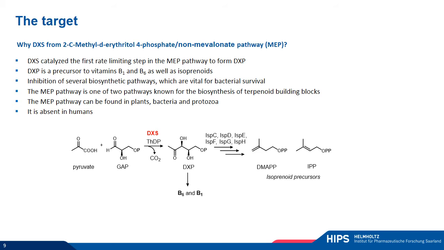So inhibiting this enzyme, which lies on the branch, can inhibit several biosynthetic pathways which are essential for bacterial survival. Moreover, the MEP pathway is one of the two known pathways for the biosynthesis of terpenoid building blocks, and it is absent in humans. So developing inhibitors of enzymes in this pathway could give us a chance to develop a potential selective drug candidate.